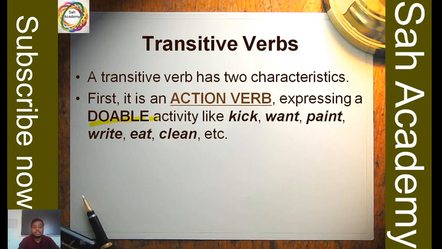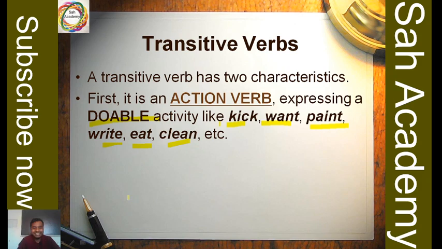Doable activity means which we can do, like kick, want, paint, write, eat, clean, and so on. So a transitive verb is an action verb which expresses a doable activity, like kick, want, paint, write, eat, clean, etc.